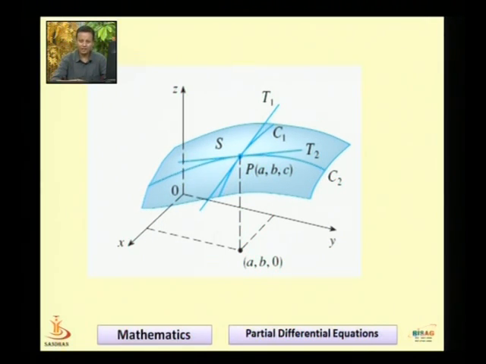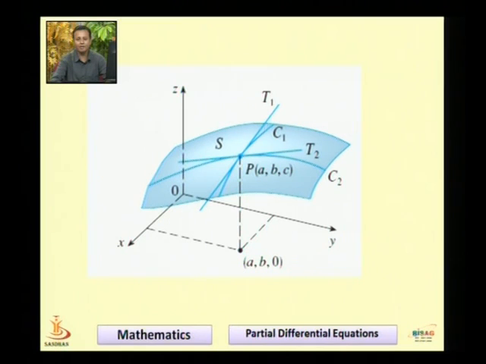So in this figure there is a point P(a, b, c) on the surface S. C is the value you get when you put x equal to a and y equal to b in the equation of the given surface, you get z equal to c. That indicates that a, b, c, denoted by capital P, is a point on this surface S. So S is the surface having equation z equal to f of x y, and P is a point on this surface having coordinates a, b, c.